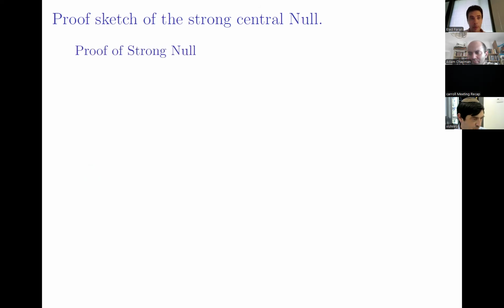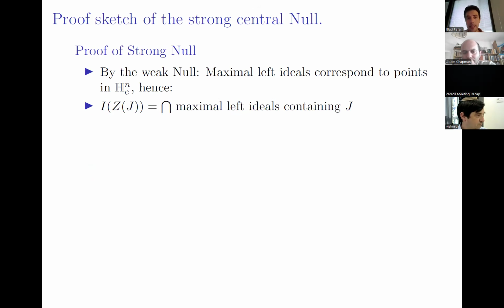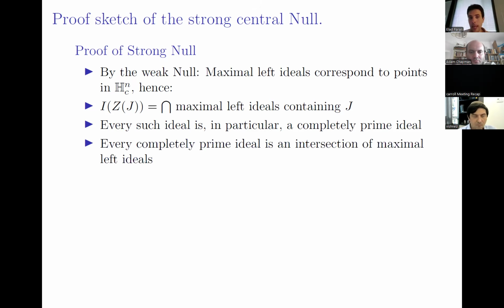And now, given this, we can prove the strong version of the theorem. First, by the weak Nullstellensatz, we know that maximal left ideals correspond to points in the central affine space. So this means that I(Z(J)) is just the intersection of the maximal left ideals containing J. On the other hand, every one of these ideals is in particular a completely prime left ideal, and moreover, every completely prime left ideal is the intersection of the maximal left ideals containing it.